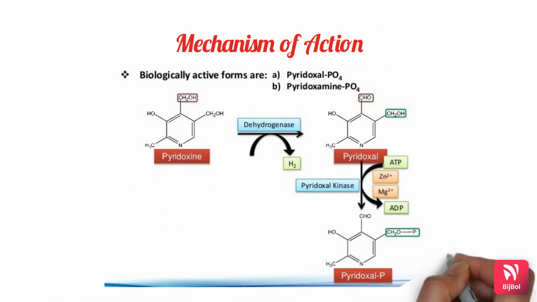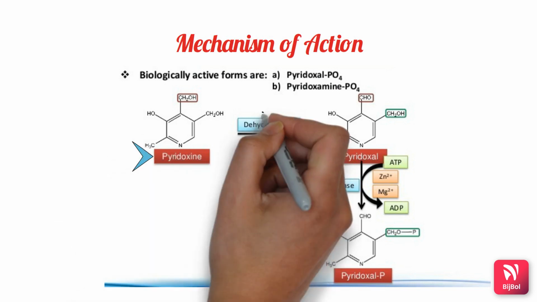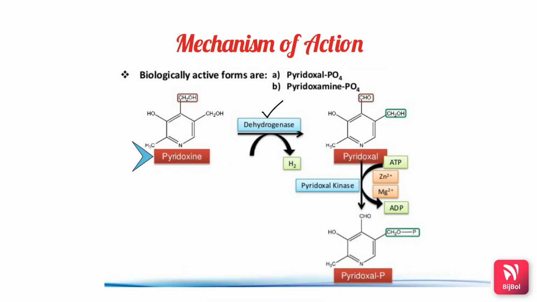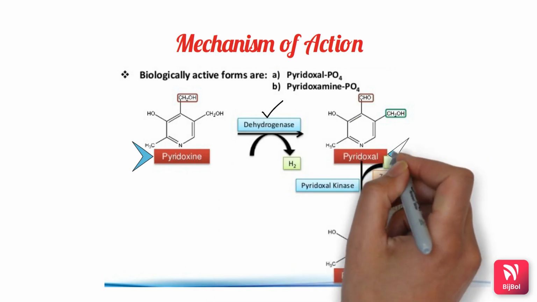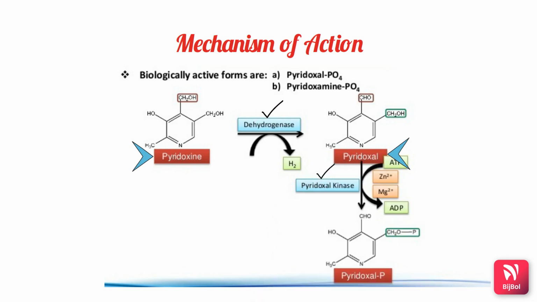Now coming to the mechanism of action, biologically active forms of vitamin B6 are pyridoxal phosphate and pyridoxamine phosphate. Firstly, pyridoxine under the enzymatic activity of dehydrogenase forms pyridoxal. This pyridoxal under the enzymatic activity of pyridoxal kinase forms pyridoxal phosphate, which is an active form of vitamin B6.